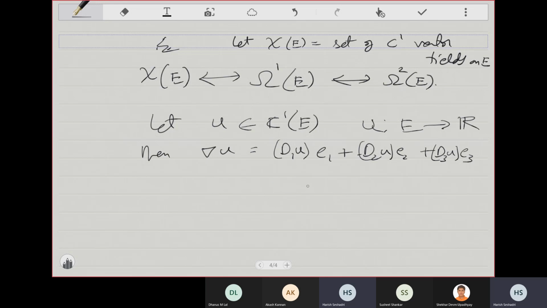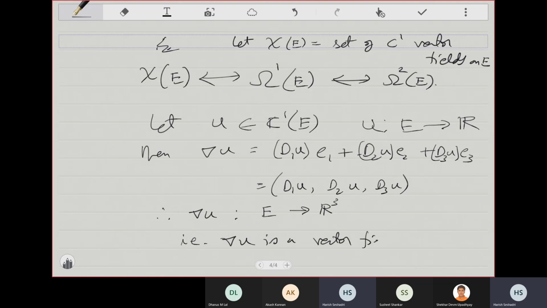In terms of coordinates, this is D1U, D2U, D3U. Therefore, I can think of the gradient of U as a map from E to R3, i.e. the gradient of U is a vector field on E. Now, if I want a C1 vector field, then I would be demanding that these partial derivatives are themselves C1.